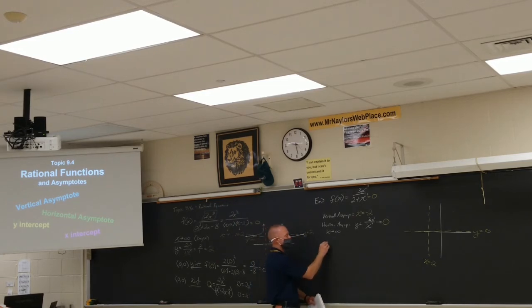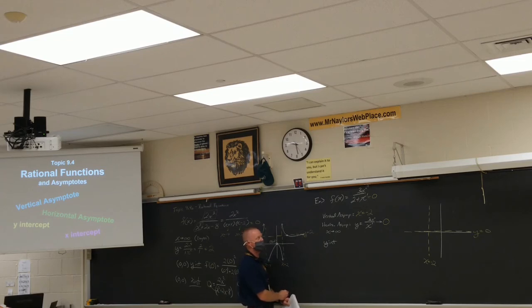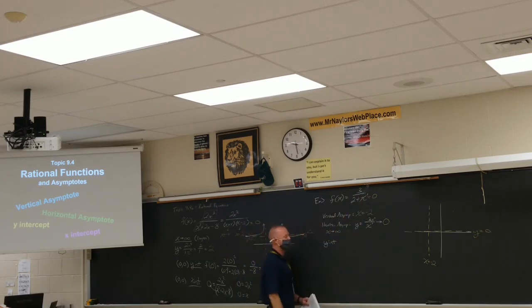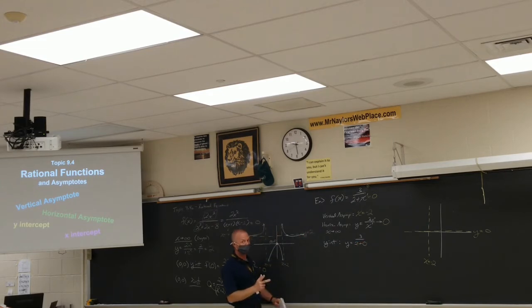Let's find the y-intercept. Okay, the y-intercept. It's supposed to be an easier point to find. But again, anytime you're using the number 0, you got to be careful. So I'm going to show the work. Maybe you're just doing that mentally.